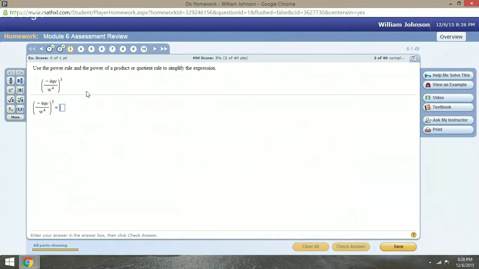Minus 4 cubed is 4 times 16 is 64, so that's going to be negative 64. Negative 64 u cubed v cubed over w, because 4 times 3 is 12, so that'll be w to the 12th. So what you're looking at is negative 64 u cubed v cubed all over w to the 12th.